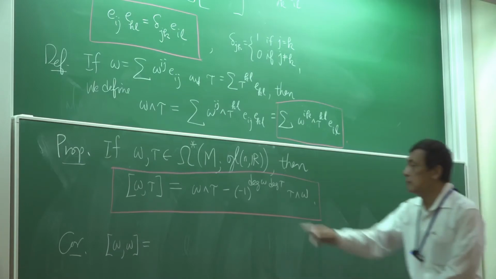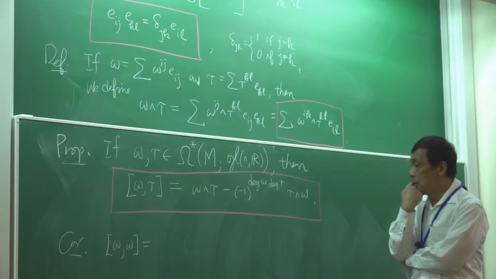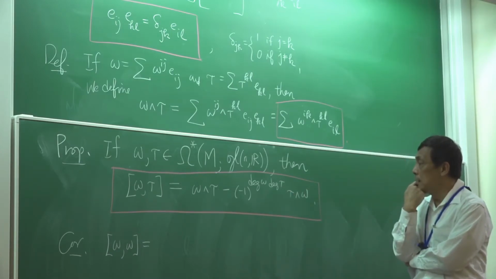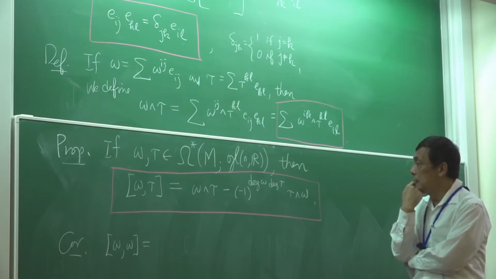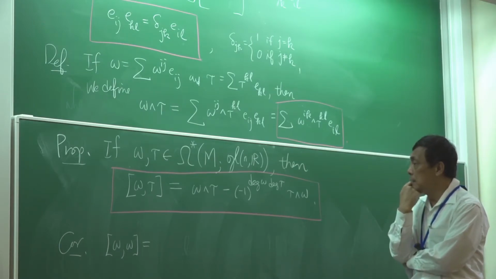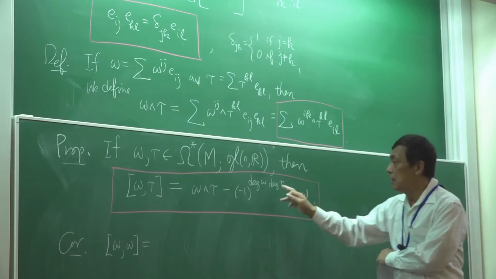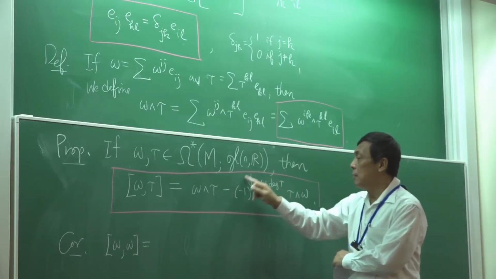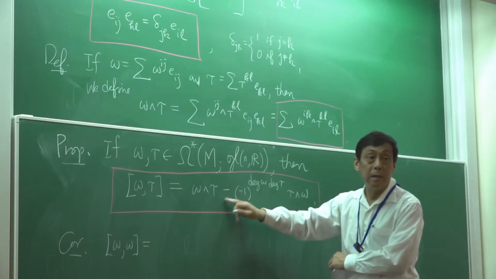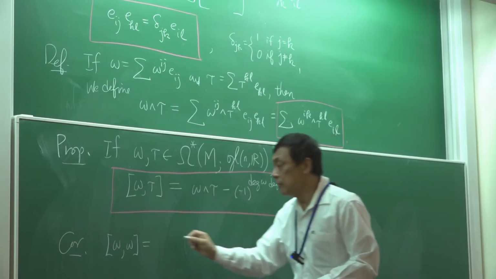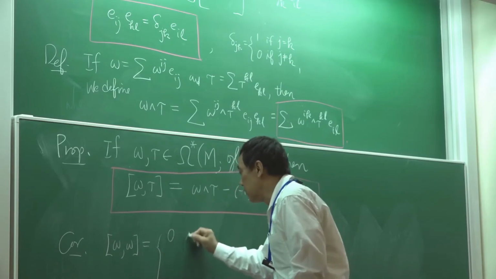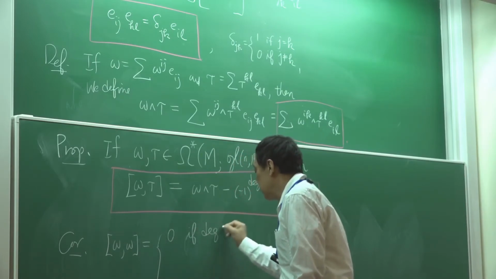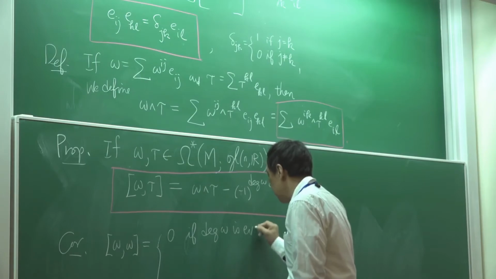Yeah, so it depends on this sign, right? So the bracket of omega, omega, let's see, if the degree of omega is even, this will be 1, and then you get 0. So this will be 0 if the degree of omega is even.